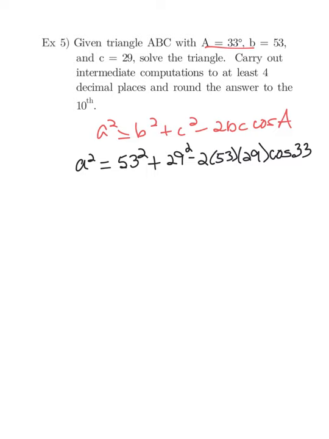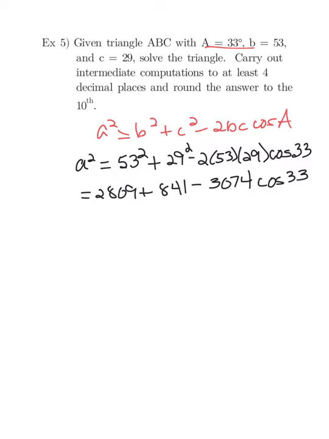So now, as we do the arithmetic on this formula, we will have 53 squared is 2809, 29 squared is 841, 2 times 53 times 29 gives us minus 3,074 times the cosine of 33.